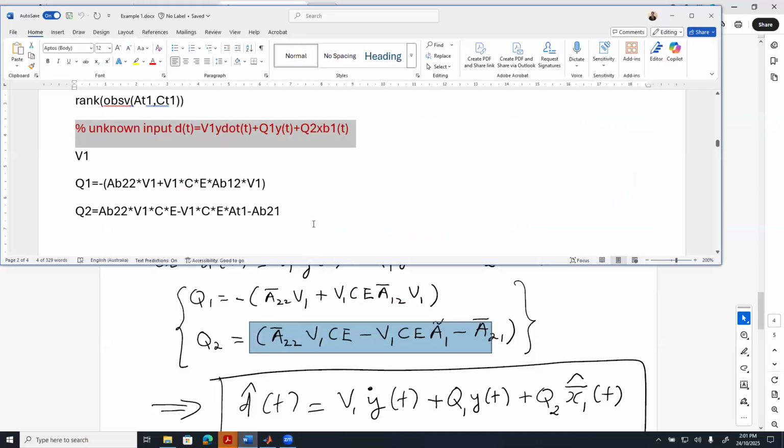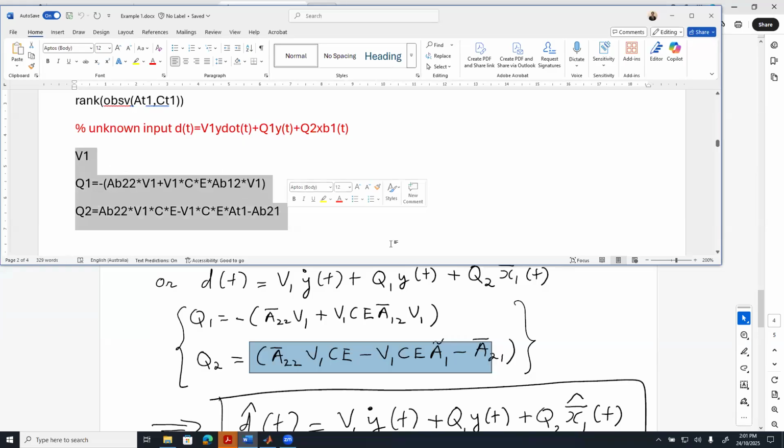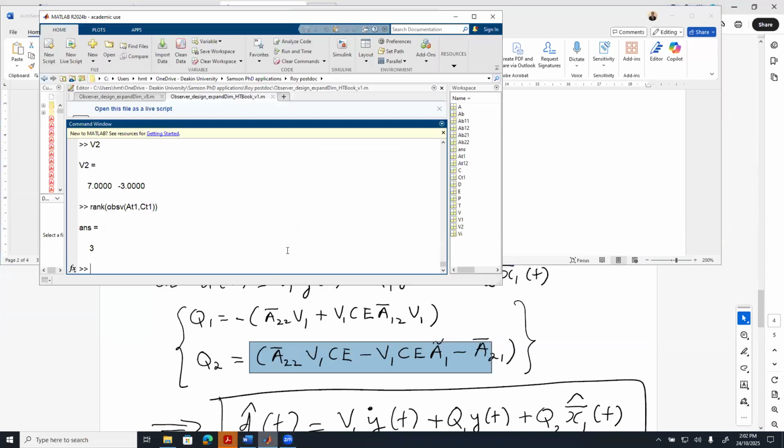So we just implement the code there. And so we got the unknown input, d(t), is given by V1 and Q1 and Q2. So if I copy this bit into MATLAB, I would be able to obtain V1, Q1, and Q2.